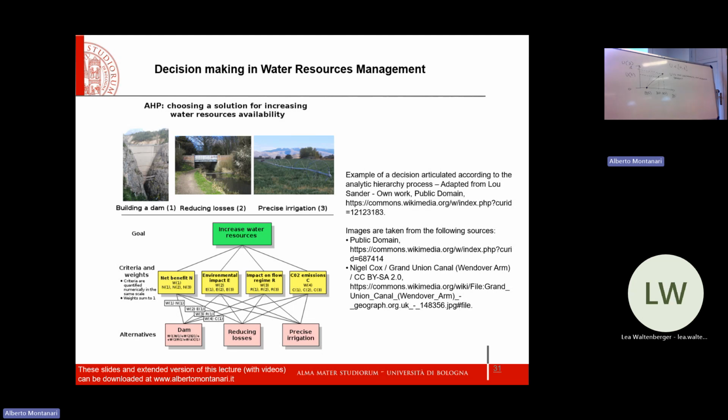N3 is the net benefit of precise irrigation. So for each of these solutions, we have the measurement of N, the measurement of E, of R, and C. So for each solution, we can compute the measurement of each criteria multiplied by the related weight.